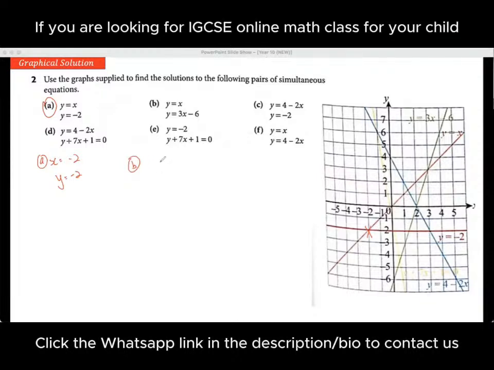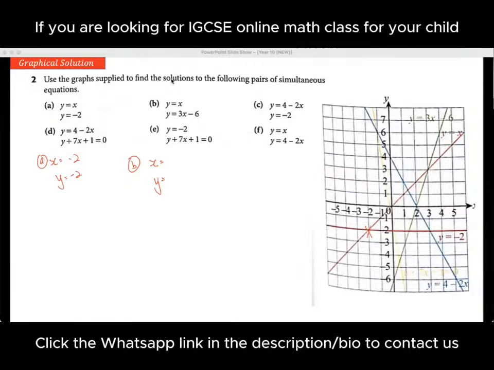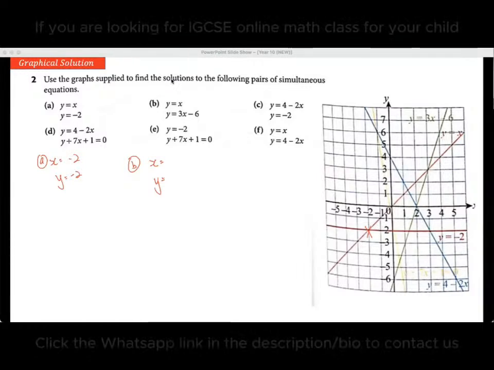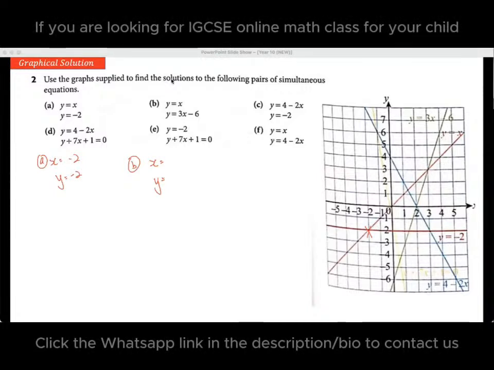What is the x and what is the y? y and x are 3.